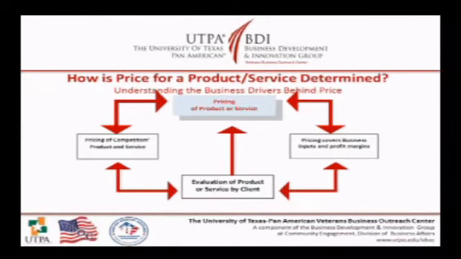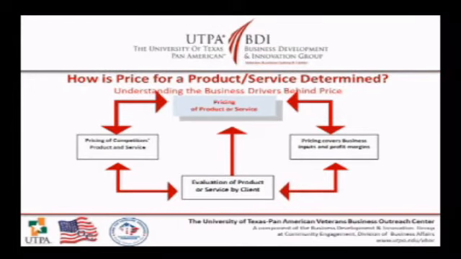So this is basically a model that was put together on pricing. As you can look at it, go toward the right side. When it comes to pricing a product, pricing covers business input and profit margins. Here, the simplest way to look at this is how much does it cost you to build that product.